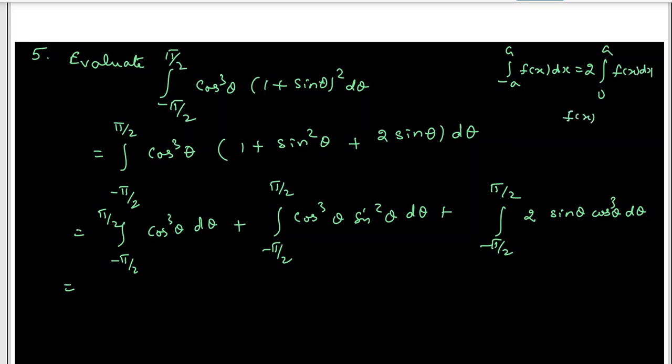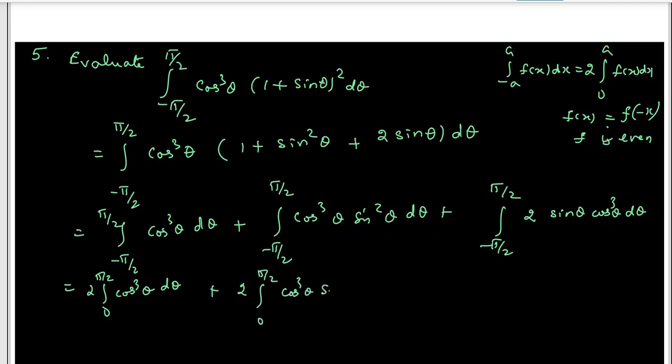When f is an even function, that is f of x is equal to f of minus x, then in that case we can write this as this. So it is even function, so we can have integral 0 to pi by 2 cos cube theta d theta. And coming to this, cosine is an even function, sine is an odd function, but here in the index you have an even number, so it is again even. So twice integral 0 to pi by 2 cos cube theta sine square theta d theta.